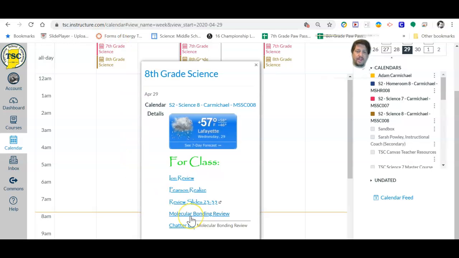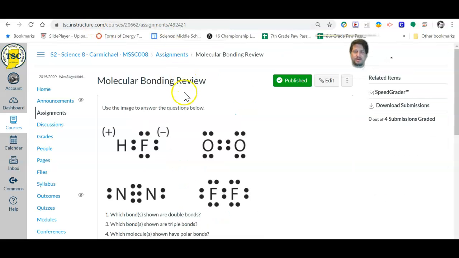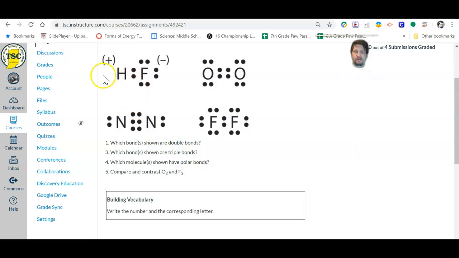Finally, we have molecular bonding review, kind of going over what those slides were just about. Follow the link. I believe it takes you to here. Using this image to answer questions below, you'll have a little submission box here for it. Which bonds up here are showing double bonds? Looks a little bit differently than I wrote it, but kind of goes over the same thing. So which ones, you may need a periodic table to answer these. Which ones are triple bonds?